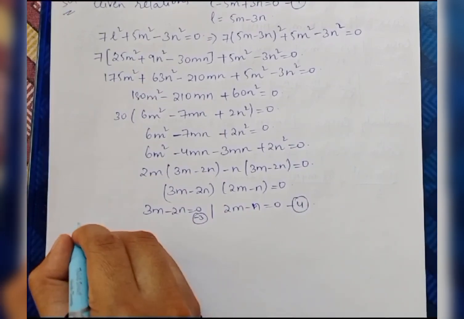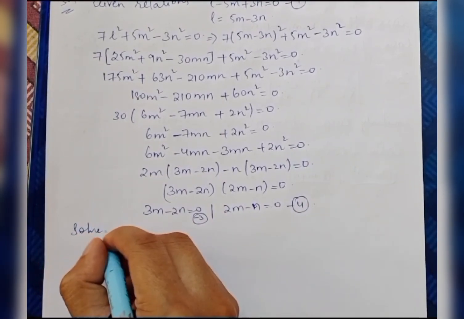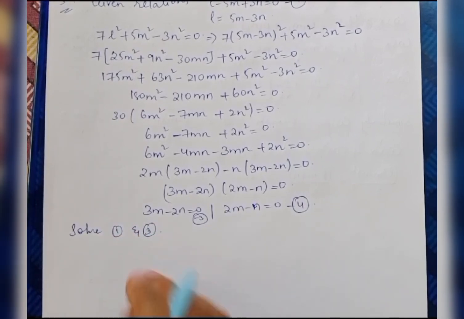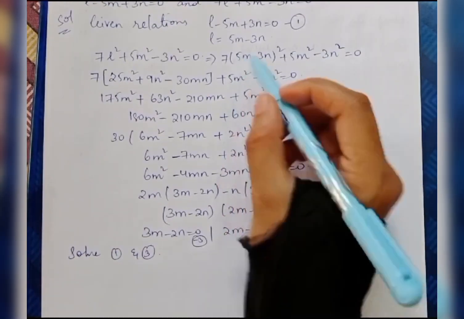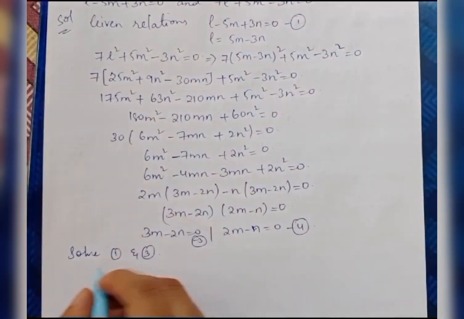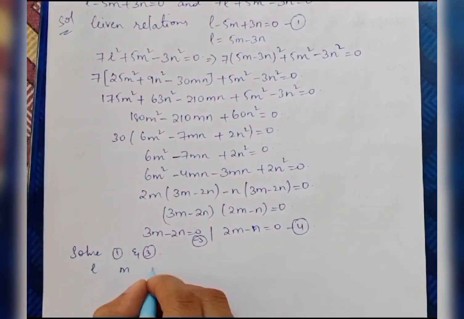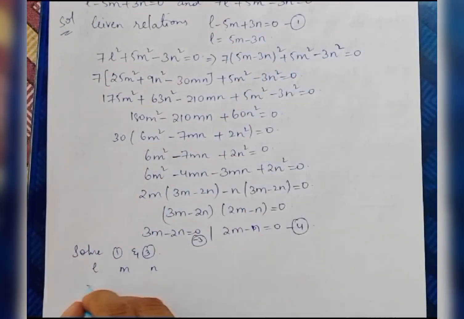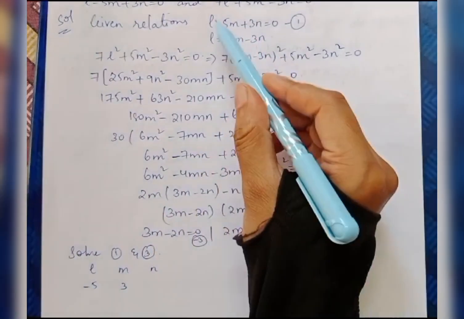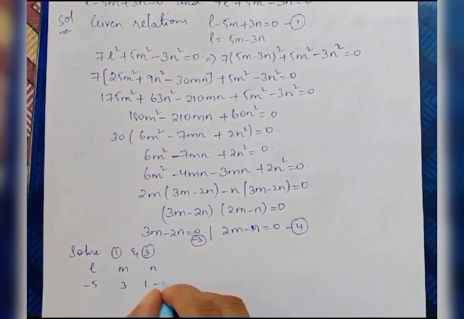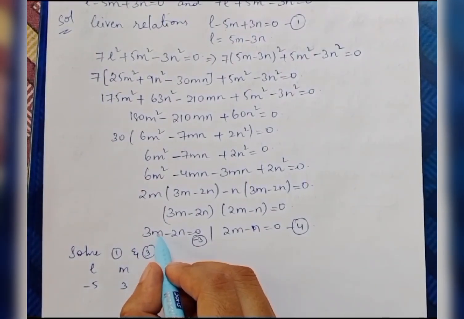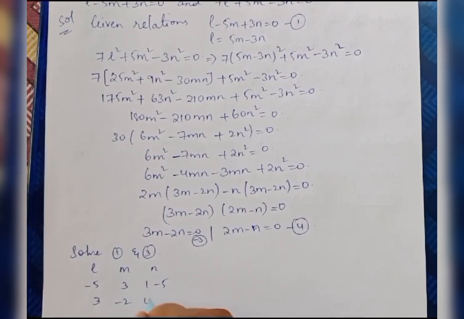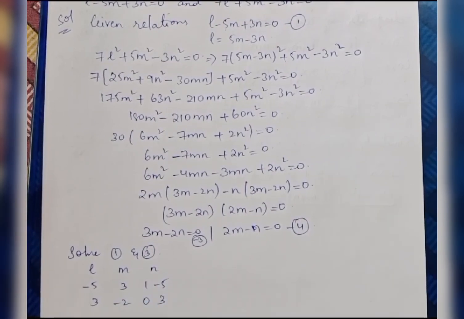Now we'll solve 1 and 3. So the equation 1, we'll start from the coefficient of m. So it is L, m and n: minus 5, 3, 1 and minus 5 again. Equation 3, m value is 3, n is minus 2, no L, so it is 0, and again it will be 3.